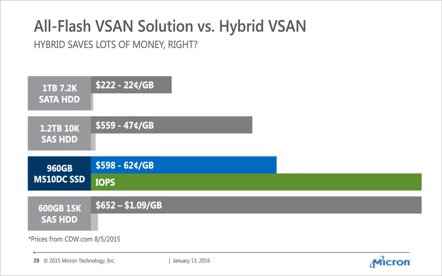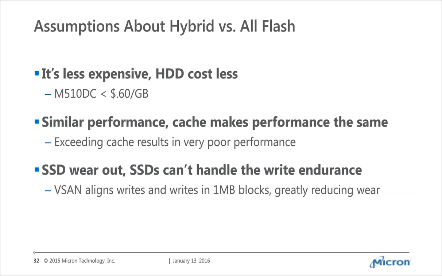It's about a third of the cost, but again, capacity functionality only. You go into a 10 or a 15K SAS, you're at the same price as an all-flash vSAN. So when you start looking at all these other functionalities, vibration, power reduction, cooling reduction, there are other significant benefits that you can get with an all-flash vSAN.